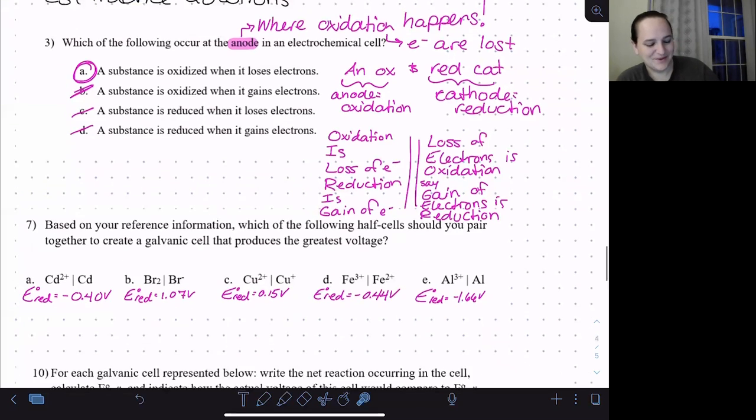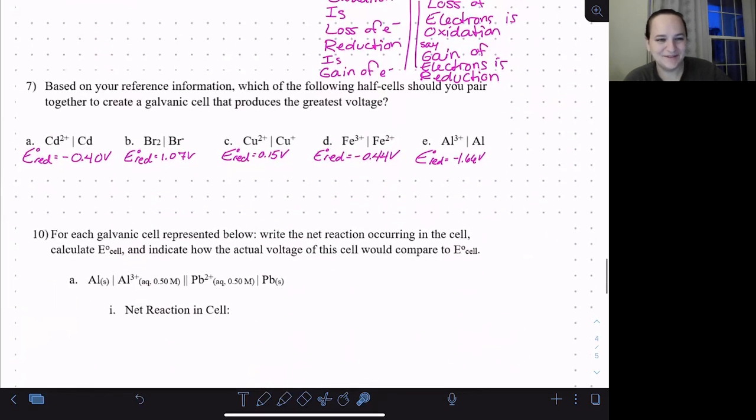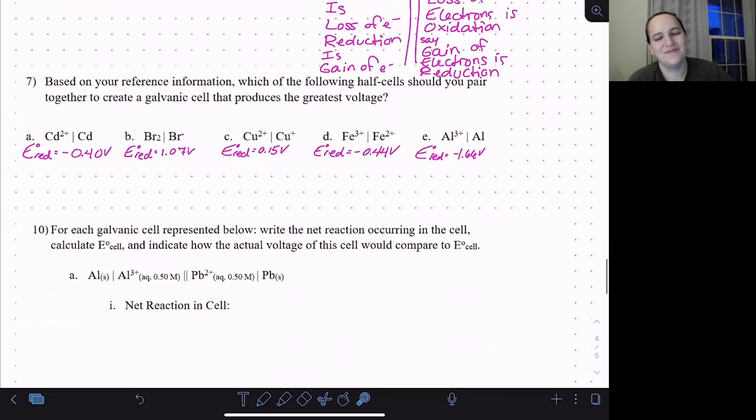So the next one that was requested was number 7, based on your reference information. So that means your standard reduction potentials. Which of the following half cells should you pair together to create a galvanic cell that produces the greatest voltage? So the greatest voltage is going to be produced by the most favored reduction and the most favored oxidation occurring together.